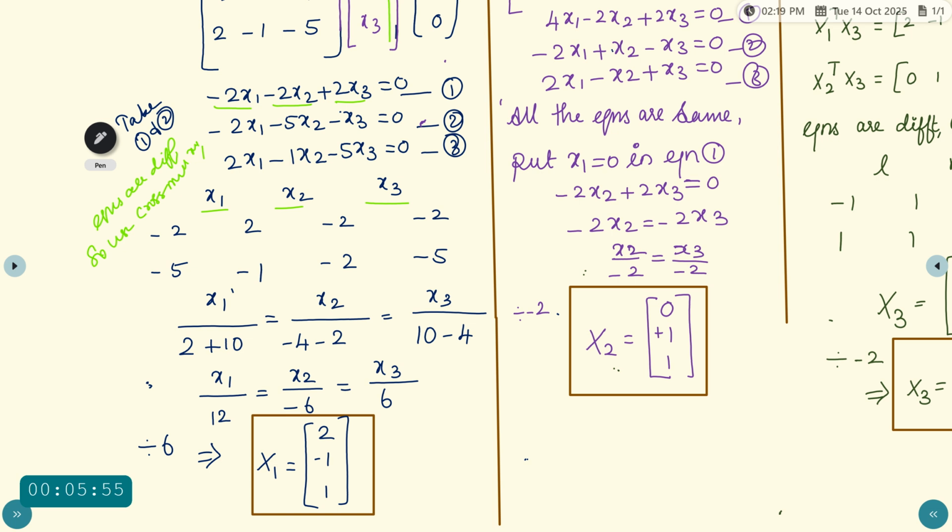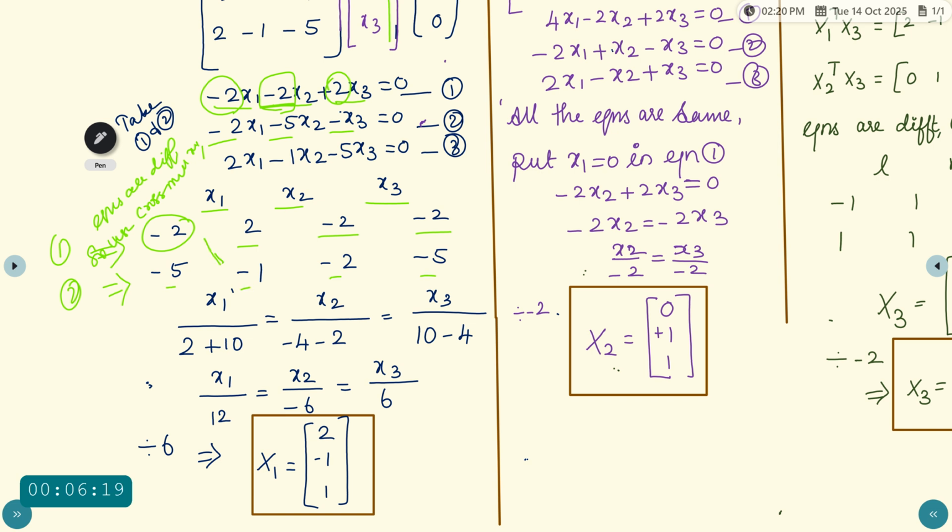Just start with the middle element, that is minus 2 and 3. Next minus 2, end with the start element. Similarly, this is from the first equation and this is from the second equation. Minus 5, middle element, and minus 1, minus 2 and minus 5.